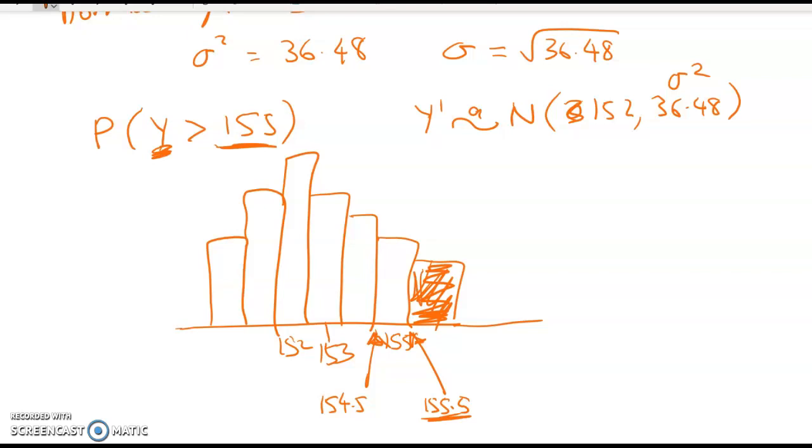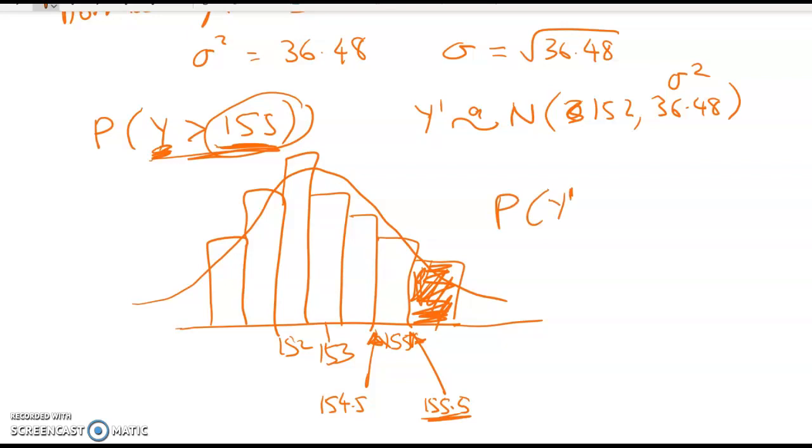That means that instead of doing something with 155, we have to do this little adjustment, because we're not going to get quite exactly what we want. Instead of finding something with 155, we're going to find the probability that Y dash is greater than 155.5, because we want to include the 156th value.